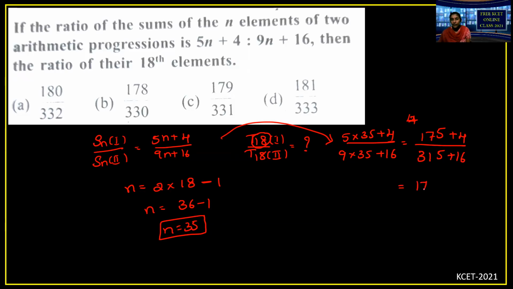So 179 divided by 315 plus 16. 315 plus 16 is 331. Option C is the correct answer.